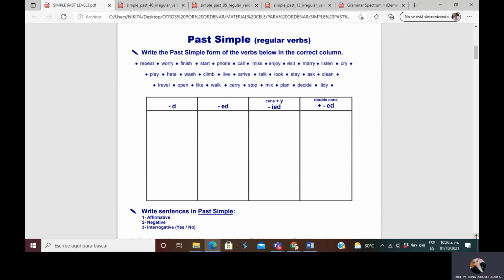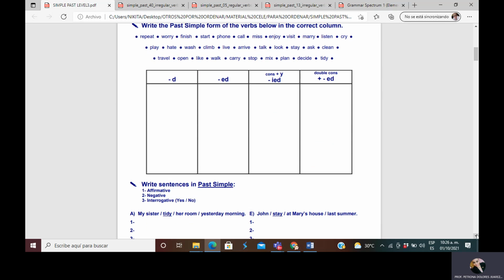Ok. In this part, este ejercicio lo hicimos en clases y aquí les pedí para los que no estuvieron y necesito que estén pendientes, que pusieran los verbos en la columna que corresponde. Esto lo pueden hacer trabajando con la lista de verbos que ya les hice llegar por el WhatsApp y también se las voy a colocar aquí en el grupo para que la puedan checar.